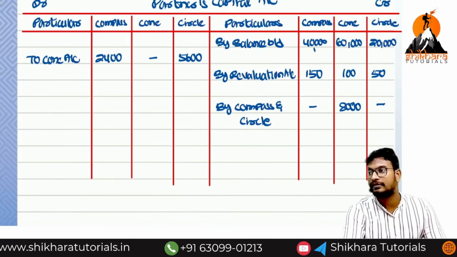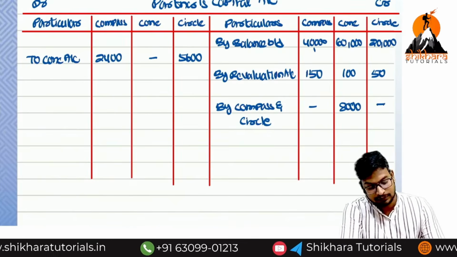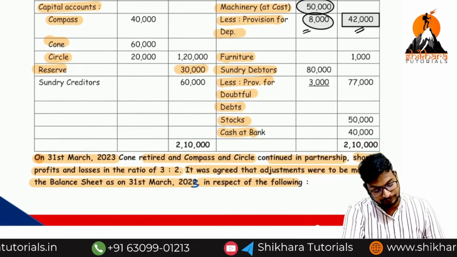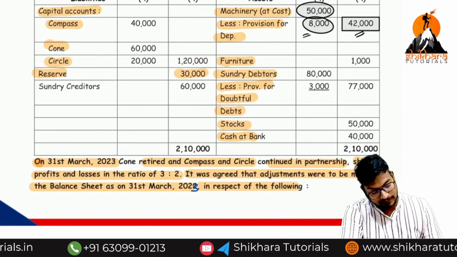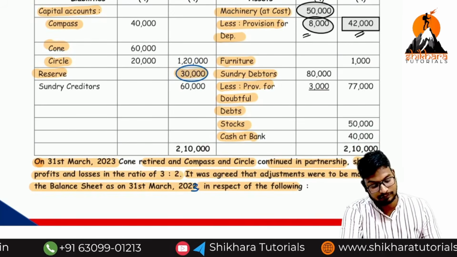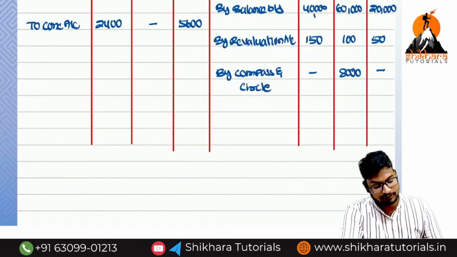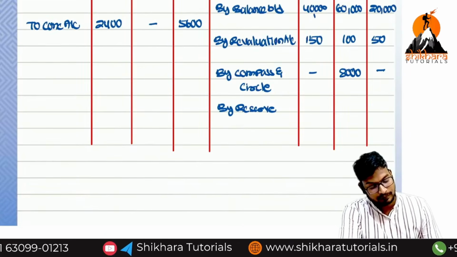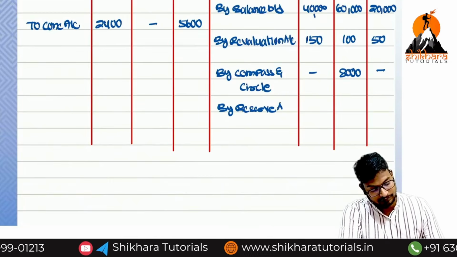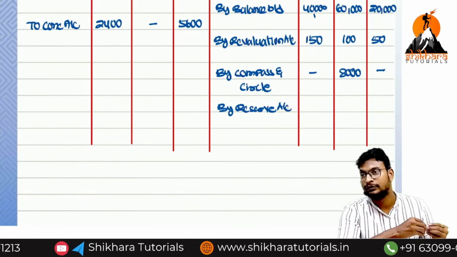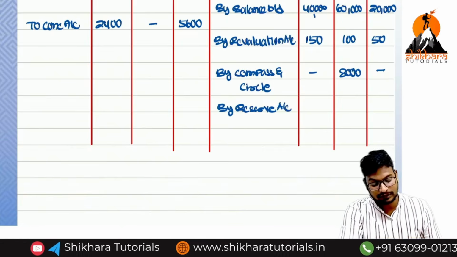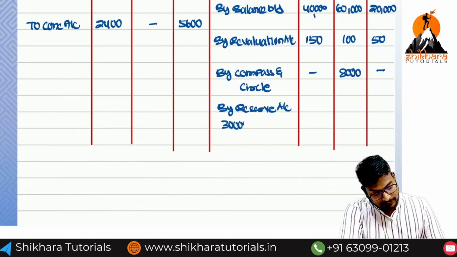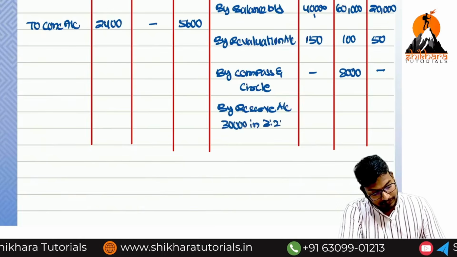And we have the reserve. Please write off the reserve also. What is the amount of reserve? 30,000, in the old ratio. So by reserve. What is the ratio? Old ratio, 3:2:1.